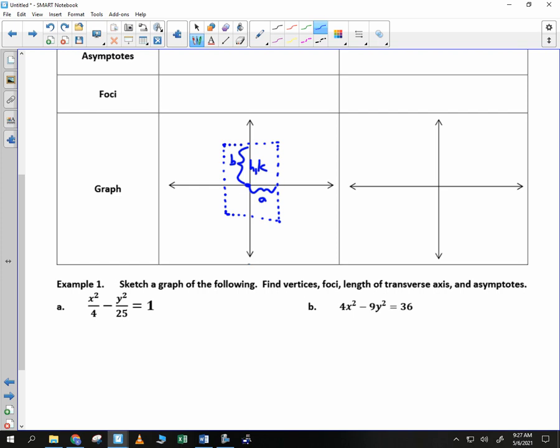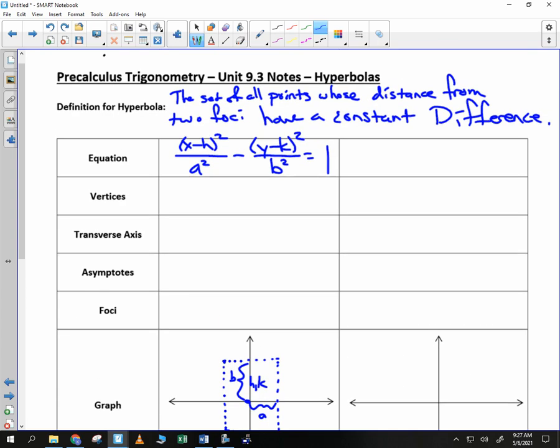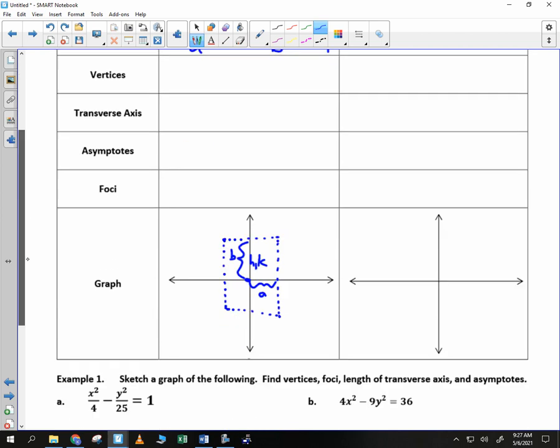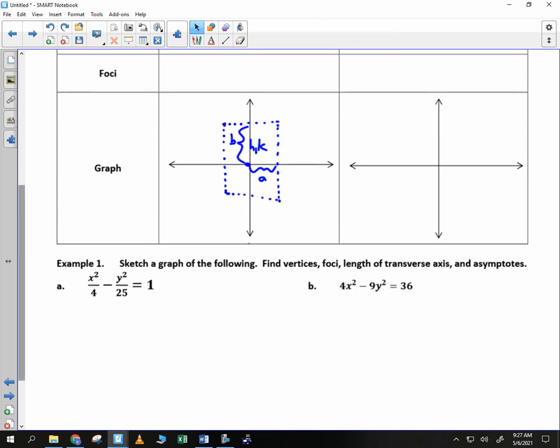The vertices of the hyperbola are like the points where it starts. If x is positive, then it's horizontal. If y is positive, then it's vertical. So these vertices, they sit on the side of the box, like this.